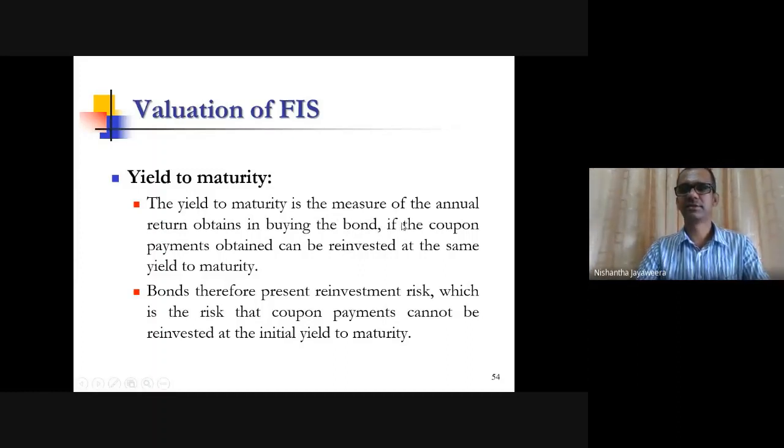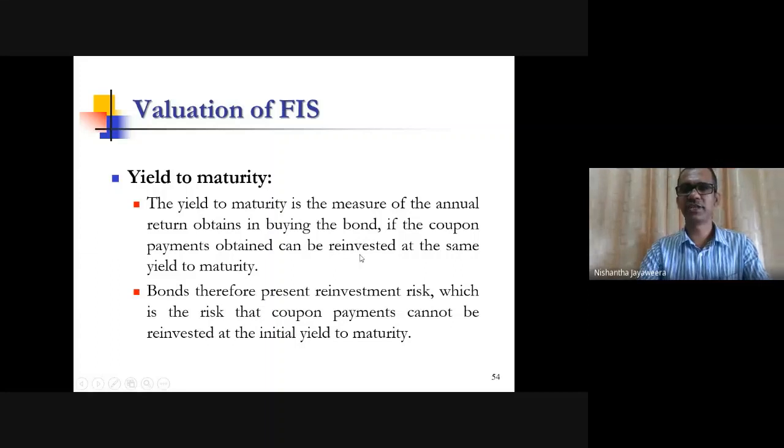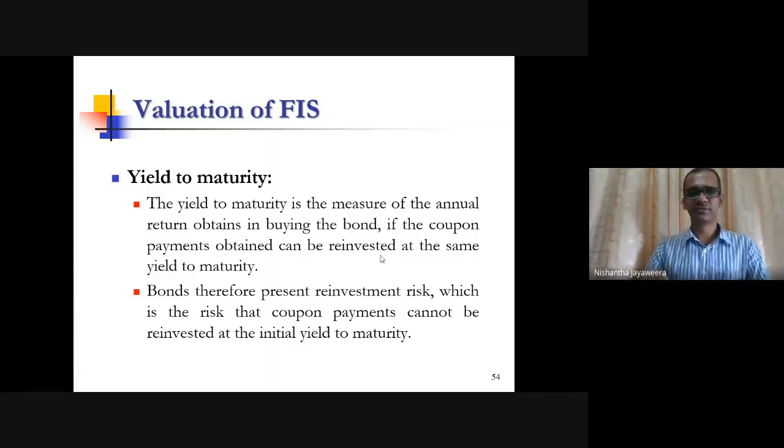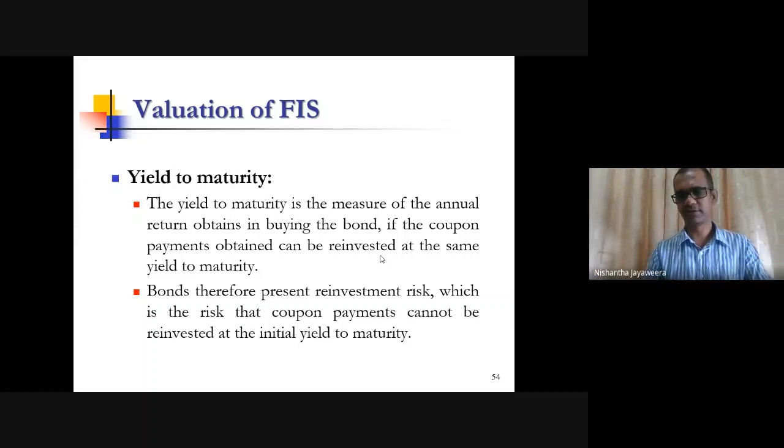This is the part. Whatever coupon payments you get, you should be able to reinvest at the same yield to maturity for the remaining period of the bond. Then only you realize this yield to maturity.